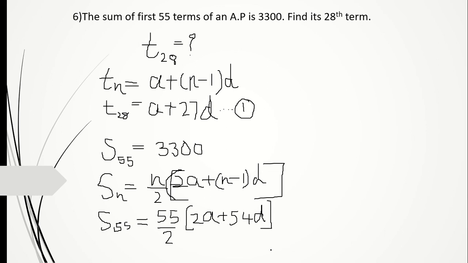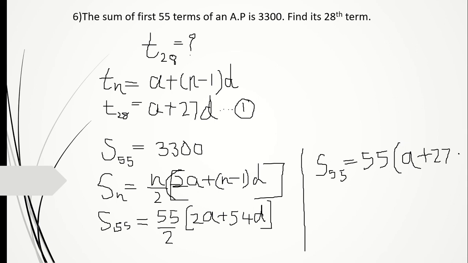Now in order to simplify this, I take this 2 inside the half. 2 divided by 2 will become a, so I get S55 is equal to 55 in the bracket a plus 54 divided by 2, which is 27, d.